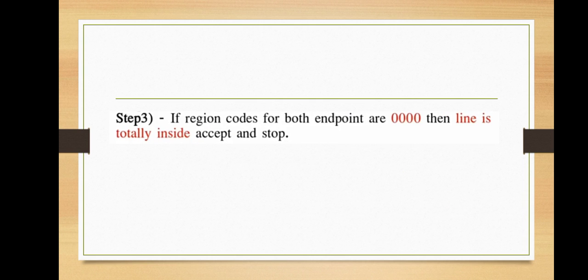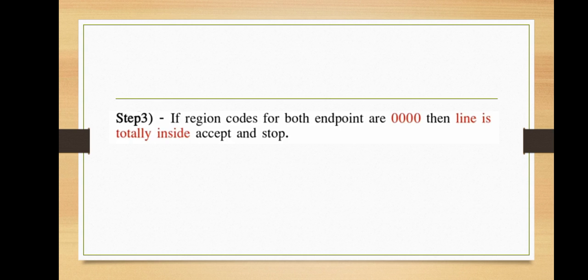Now after finding the region codes, you have to decide based on the region code. If the line is inside the window, both region codes come 0000. It means that if the region codes for both endpoints of the line are 0000, then the line is totally inside.